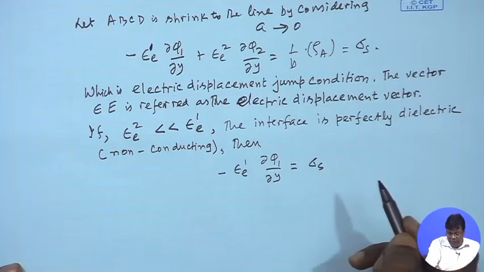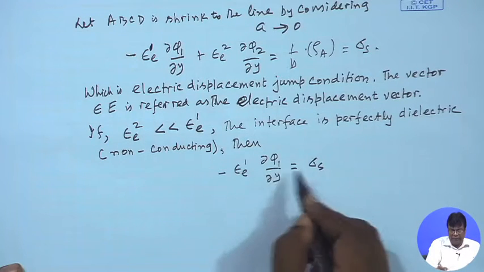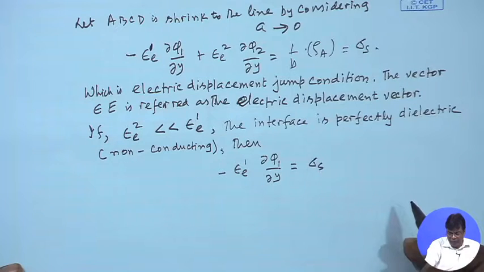We can drop the superscript and subscript 1, because in that case we do not require to know about the region below the interface, that means the region with superscript 2.